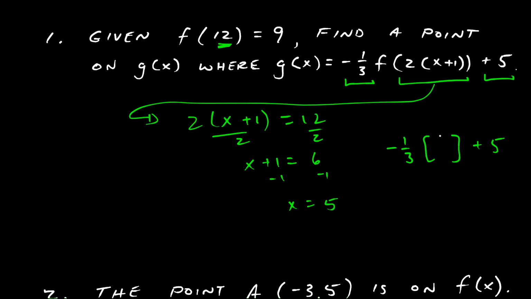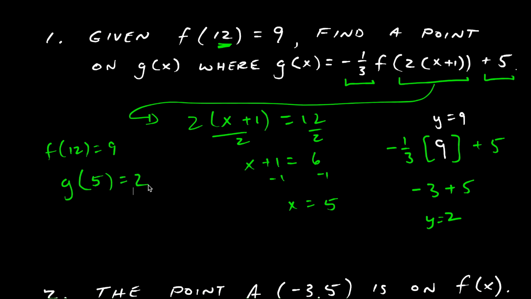Again, our y value was 9. So we'll just simplify this. Negative 1/3 of 9 is negative 3 plus 5. So we get y equals 2. This means our new point from f of 12 equaling 9 on g would be g of 5 equals 2.